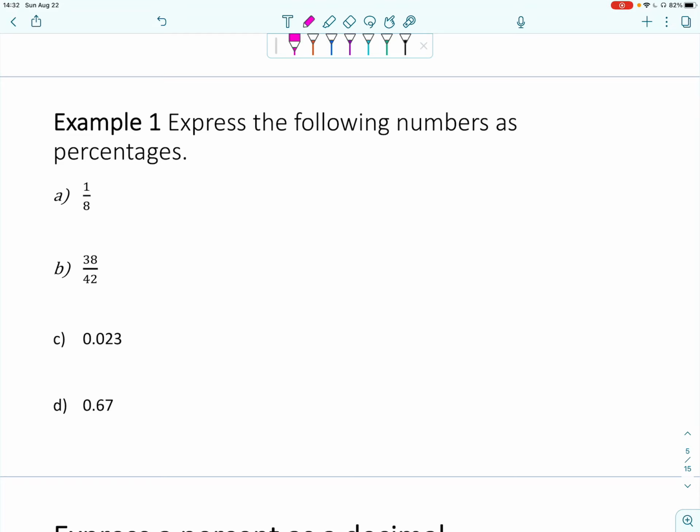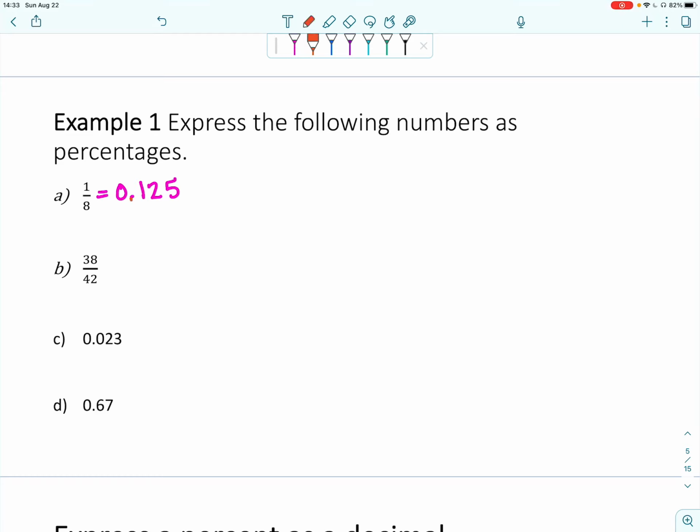So the first one here is 1/8. So we want to express that as a percentage. So the first thing I'm going to do is type into my calculator 1 divided by 8. And that gives me 0.125. Now I'm going to move the decimal place 2 places to the right.